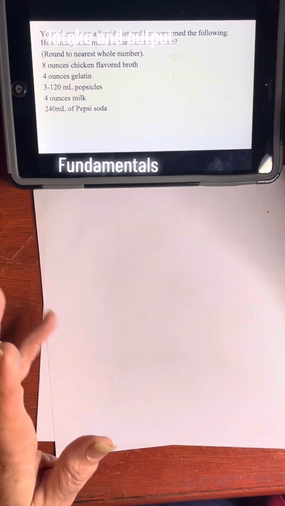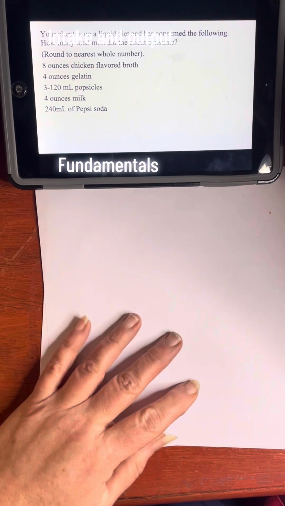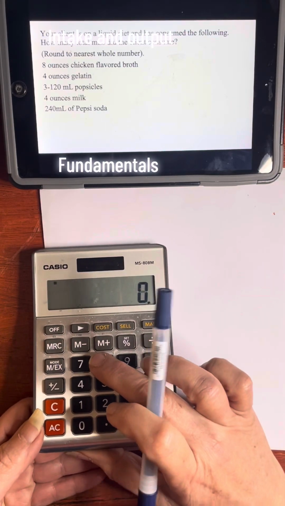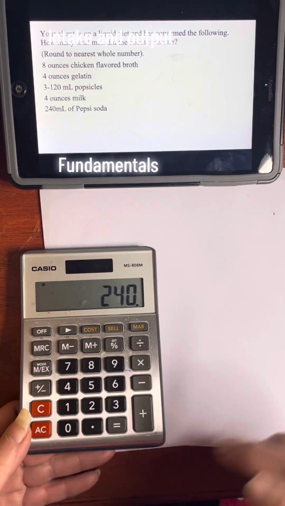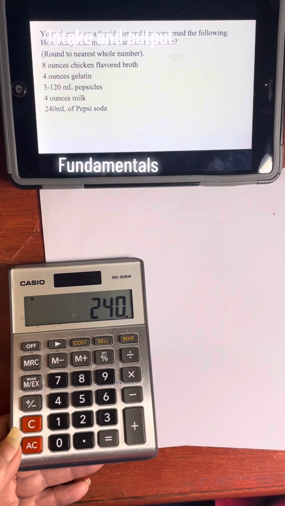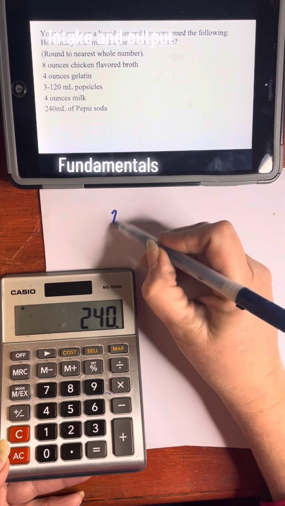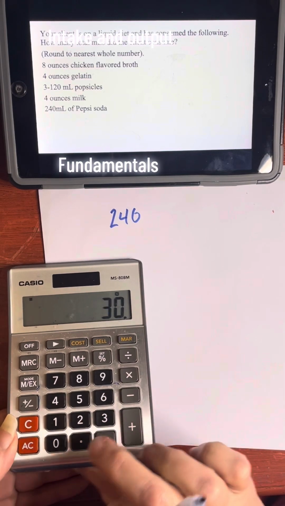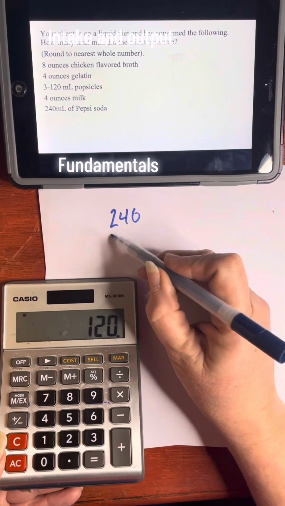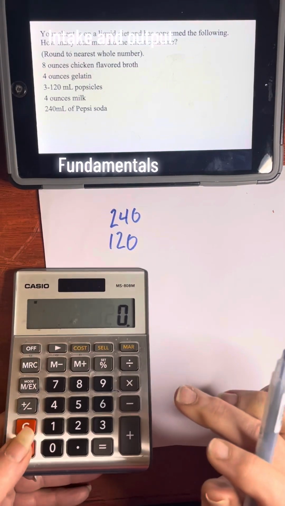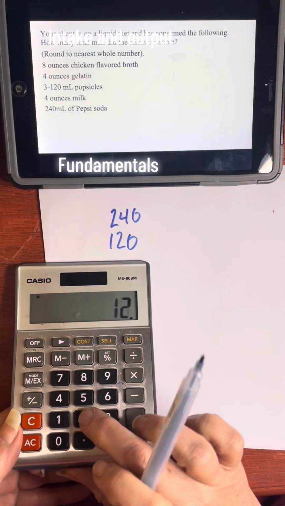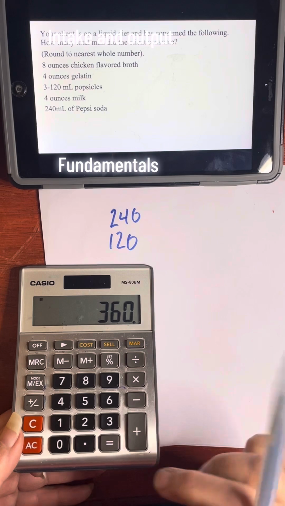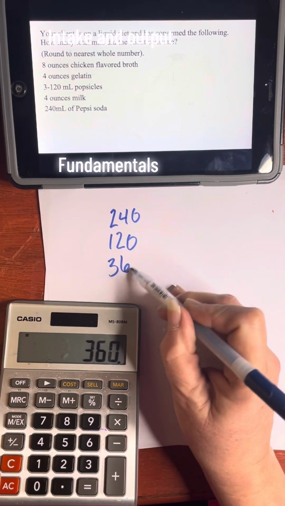Homer's on a liquid diet too. And so we got to add it all up. 8 times 30. They must have gave everybody that chicken flavored broth. 240. And then 4 times 30 on the gelatin, 120. And he ate 3 of those. 120 times 3 equals 360.